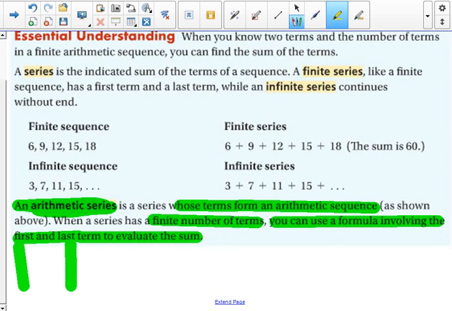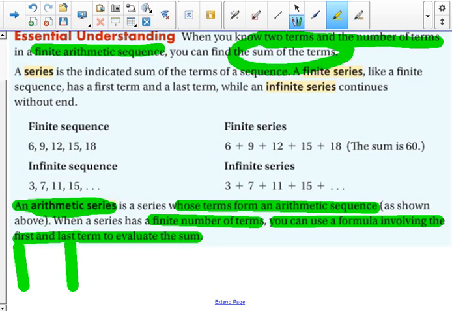First and last term. Those are the two terms they were talking about up here, right? When you know two terms and the number of terms in a finite arithmetic sequence, you can find the sum of the terms. So if we know the first and the last, and we know exactly how many are in it, we don't have to know the middle. We can tell you how much that sum is going to be.